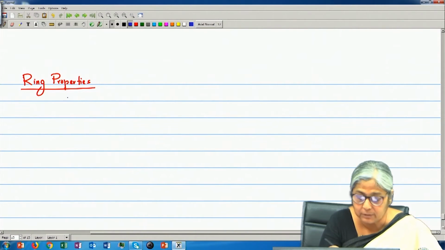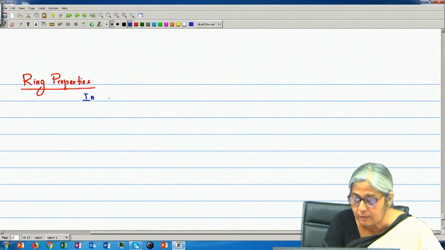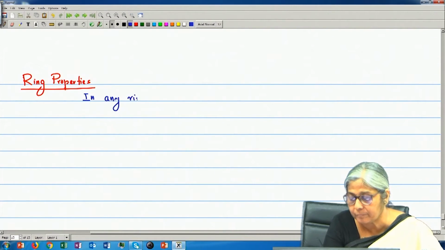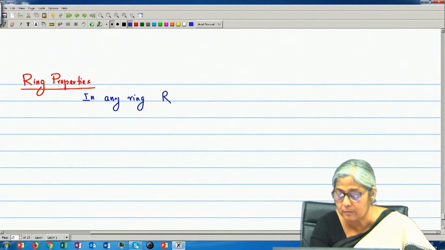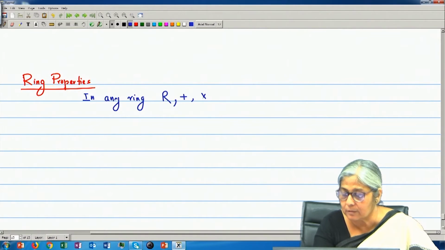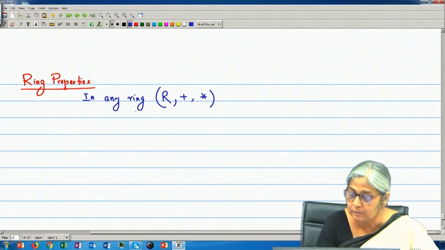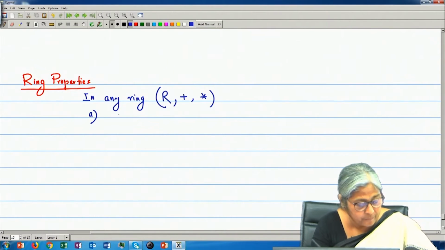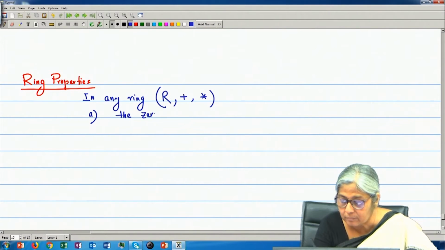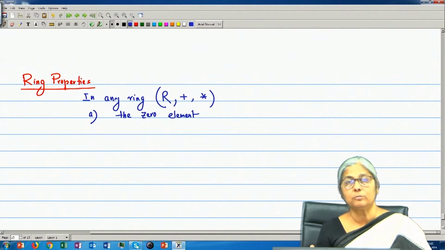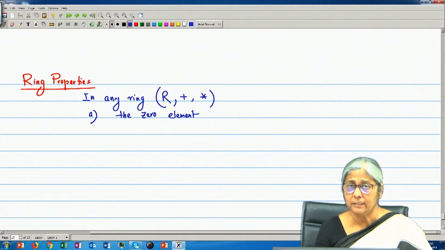Now, we can write that in any ring R, plus, star, telling it as some addition and multiplication, the properties are that, one, the 0 element for addition, because we know that 0 is the additive identity.